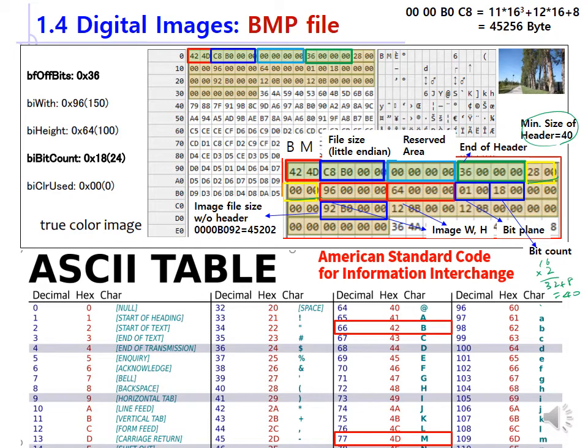There are 2 rows here and 8 bytes, 1 2 3 4 5 6 7 8. So from here, after 28 in hexadecimal bytes, the header ends. So from here it is image data.